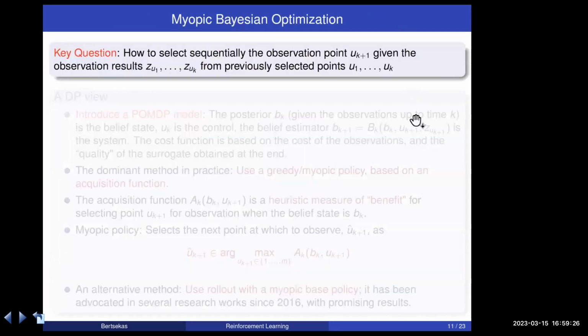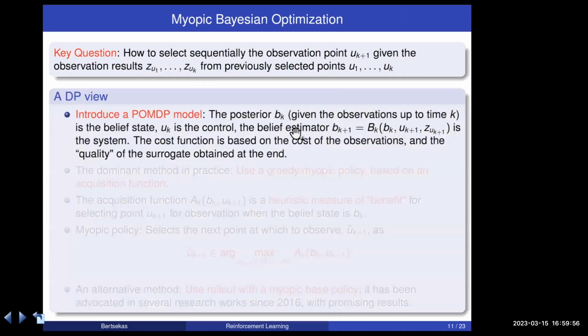And now let's look at the methodology for Bayesian optimization. Most of Bayesian optimization is based on myopic ideas. The question, of course, is how to select sequentially the new observation point, given the observation results from previously selected points. And there is a principled way of viewing Bayesian optimization based on dynamic programming. I'm going to summarize it here.